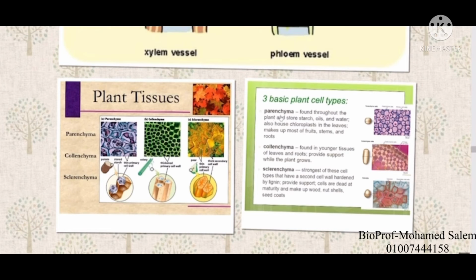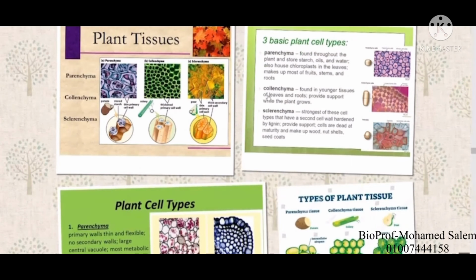Parenchyma, we said, is found throughout the plant and stores starch, oils, and water. So they are soft tissue, and may have chloroplast. Collenchyma, as we said, is in leaves, and they make most fruits and stems and roots. While collenchyma, found in younger tissue of leaves, provides support while the plant grows.